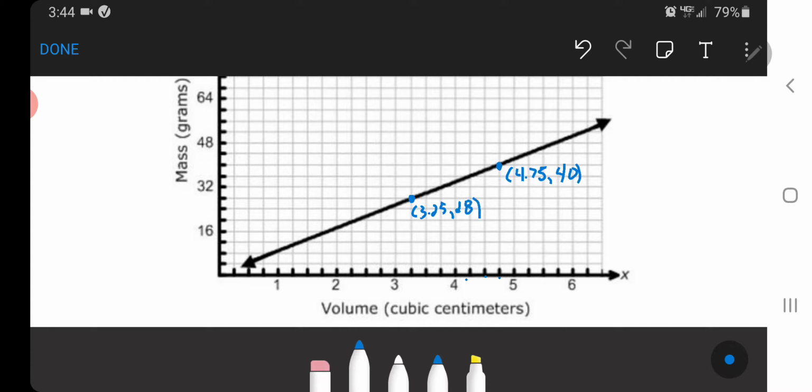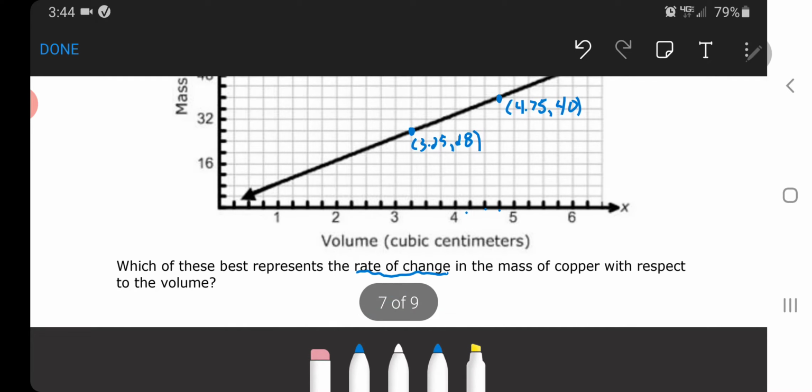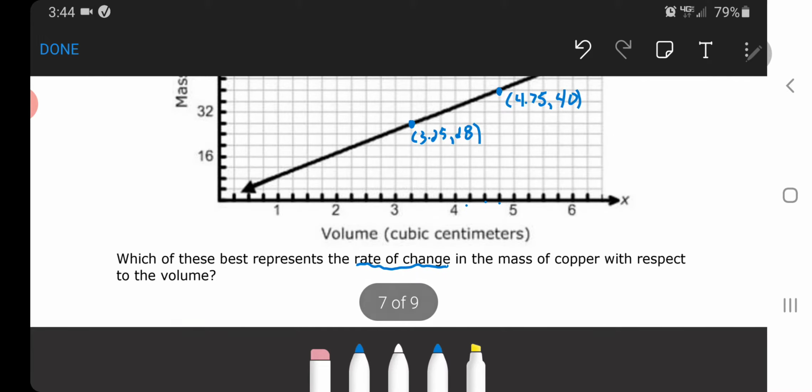All right, so it's a little bit hard to do the rise over run method. You could if you wanted to. I think I'm going to go with the y2 minus y1 option. See if I can find myself some room here. I think I got some room right here.